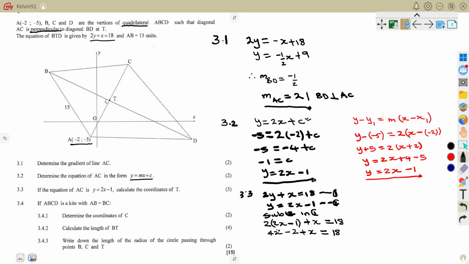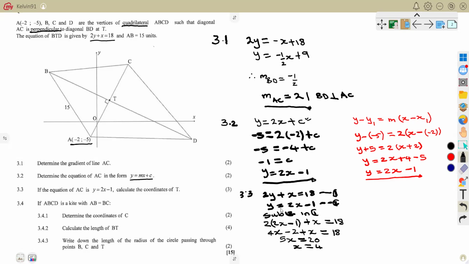Combining the like terms, 4x plus x, we get 5x equal to 18. Take the other term, which is minus 2, it becomes plus 2 there, so it's equal to 20. Divide both sides by 5, so x is equal to 4.